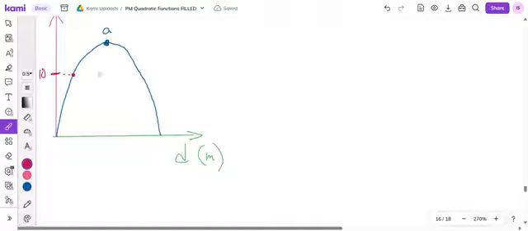It's going to happen once. It's going to keep going up, then start going down, and it's going to happen again. Interesting. So we're going to look for 2 answers for question B. And you know why? It's a quadratic. It's like we're finding 2 roots. It's just at a different height.